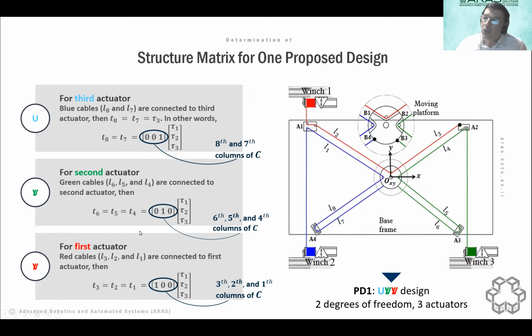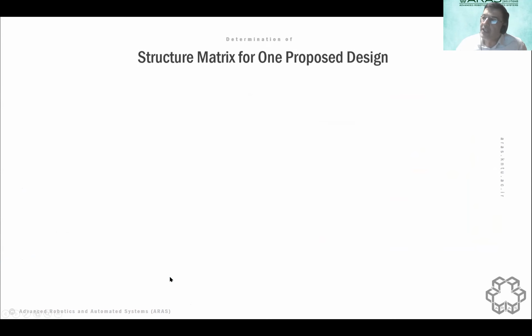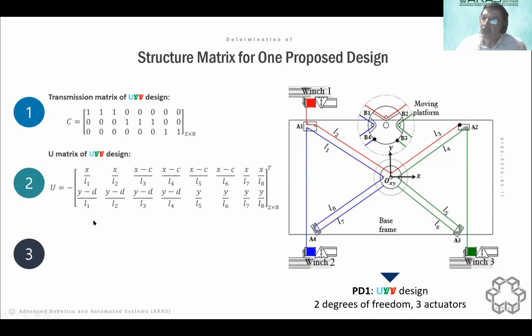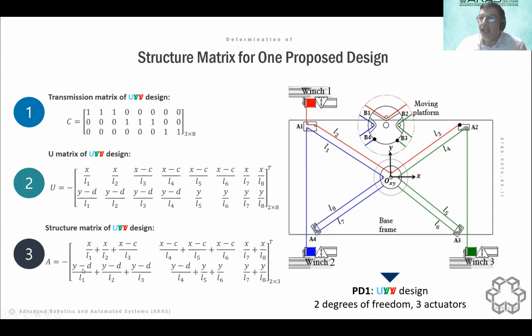Doing this through this structure, we can simply find the C matrix, from the C matrix we can find the U, and then find the structure matrix of the system. This is quite straightforward, and you can find it in the paper.